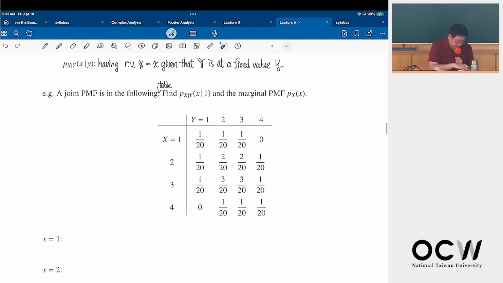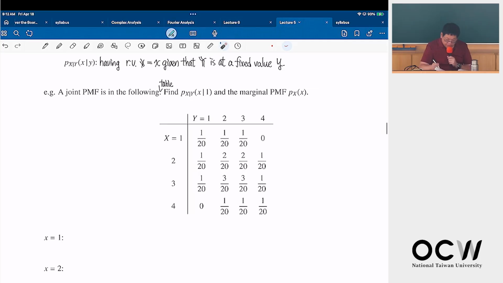So now, if we want to find the marginal PMF of px, I want to know when x equals 1, 2, 3, 4.